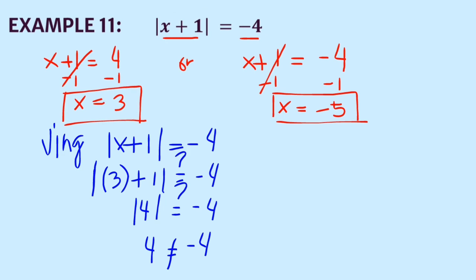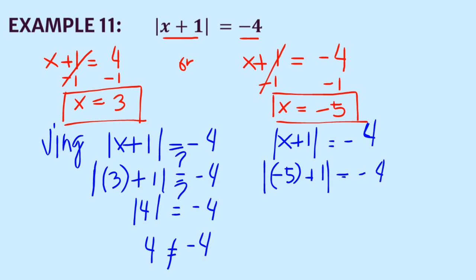Now let's check this second statement, the negative 5. So let's write again the original equation. And let's substitute this negative 5 here to our x. So what is negative 5 plus 1?